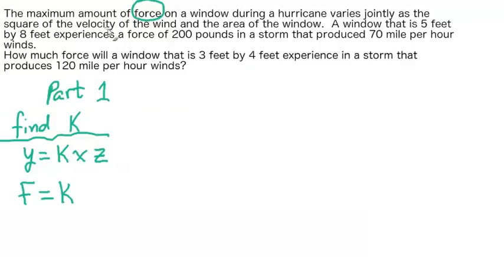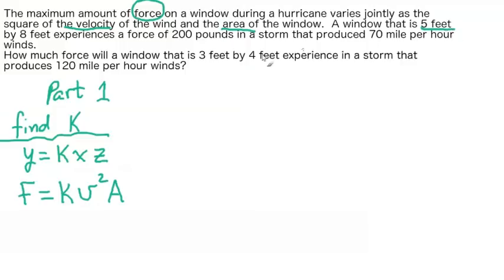So 1 is the velocity. If I let x be the velocity, it's the square of the velocity. And then over here we have the area of the window, so I'm just going to let that be represented by capital A. Alright, so part 1 is get your formula down and then plug in what they have.